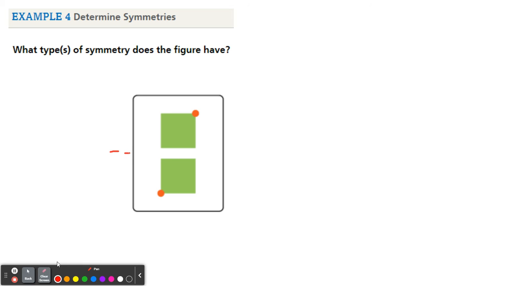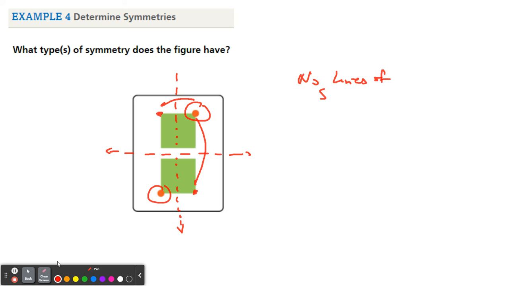They would be this way, and they'd be this way. But because of these dots here, if you reflected it down, this dot would go here, which would not be on top of that dot, and vice versa. And if you go left to right across this line of reflection, the dot would go here, not on top of it. So there are no lines of symmetry.